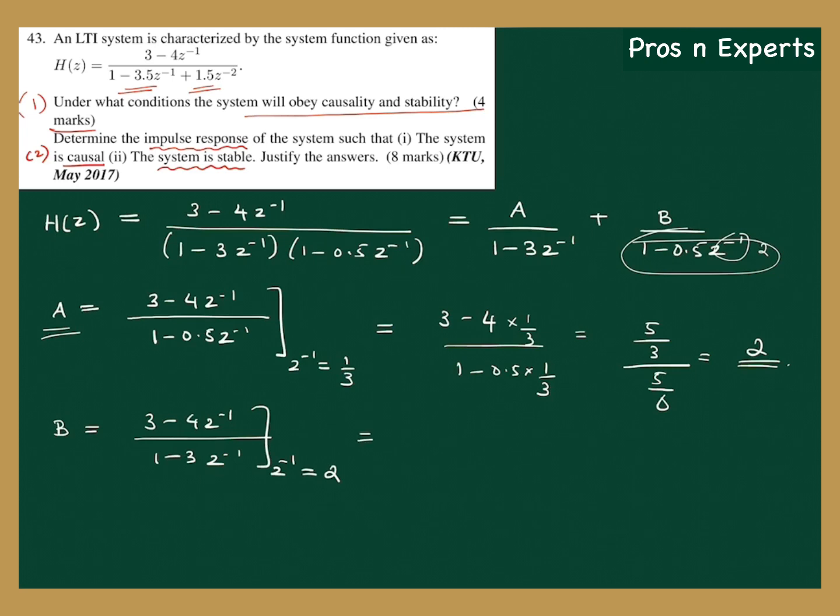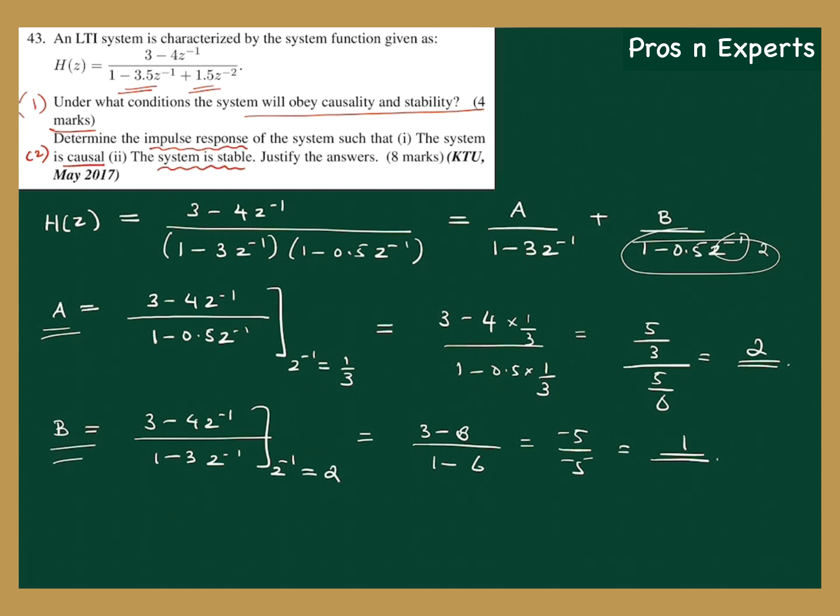So that is equal to 3 minus 4 into 2, which is 8. So 3 minus 8 divided by 1 minus 6, this is minus 5 divided by minus 5, equal to 1. So we got A as 2 and B as 1.